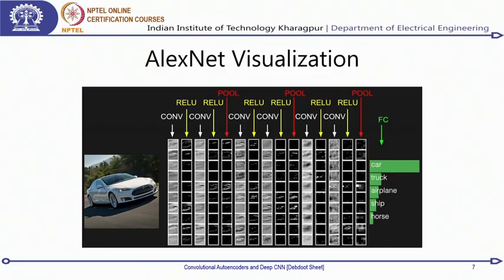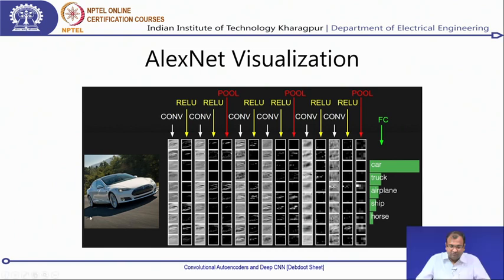If we look into how this works, you have an input image of a car going into this network. It would convolve, take a rectified linear unit transformation function, then take a convolution, then a ReLU transfer function, then do a pooling, and eventually it would keep on going. As it keeps going, you observe that it is no more the original form factor of the car which is visible.